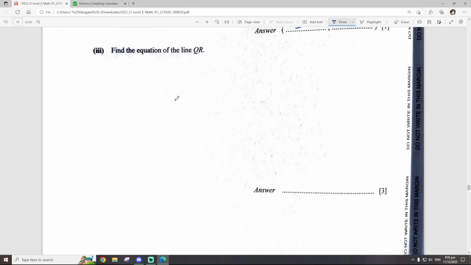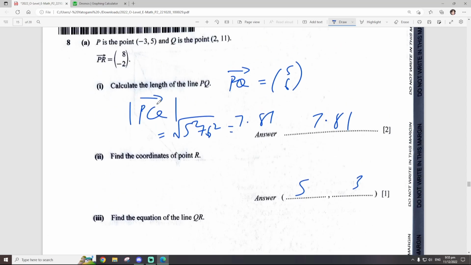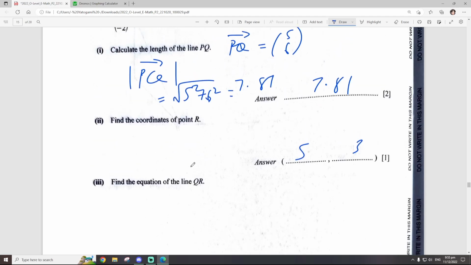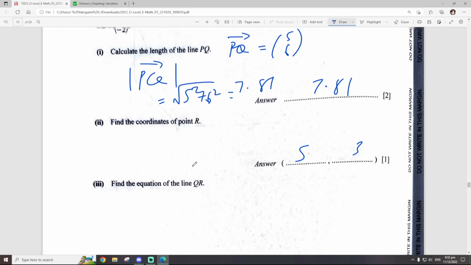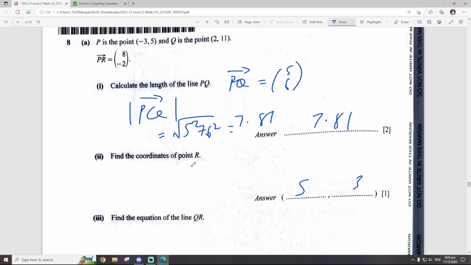Find the equation of the line QR. Okay, so there's no form that they give you for this. They do not specify a form of the line to give you. I think the tuition center that gave me the answer for this uses the slope-intercept form, but I'm just going to give the standard form, or rather the one that uses integers.